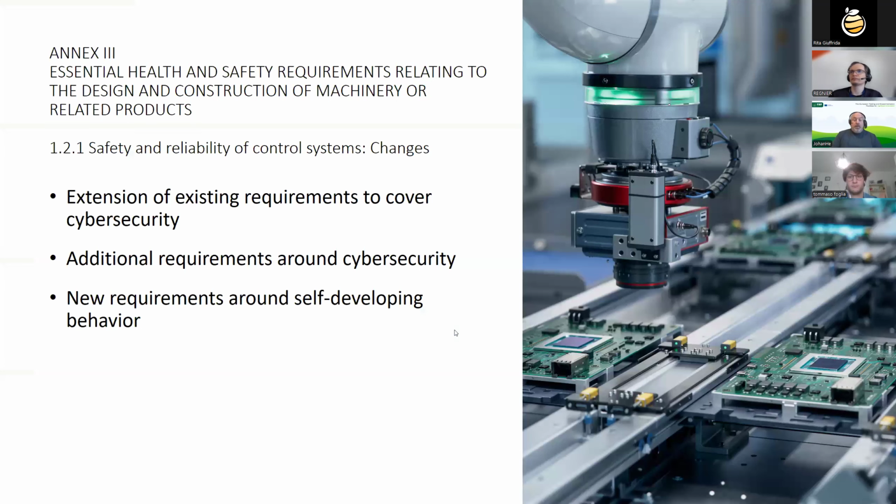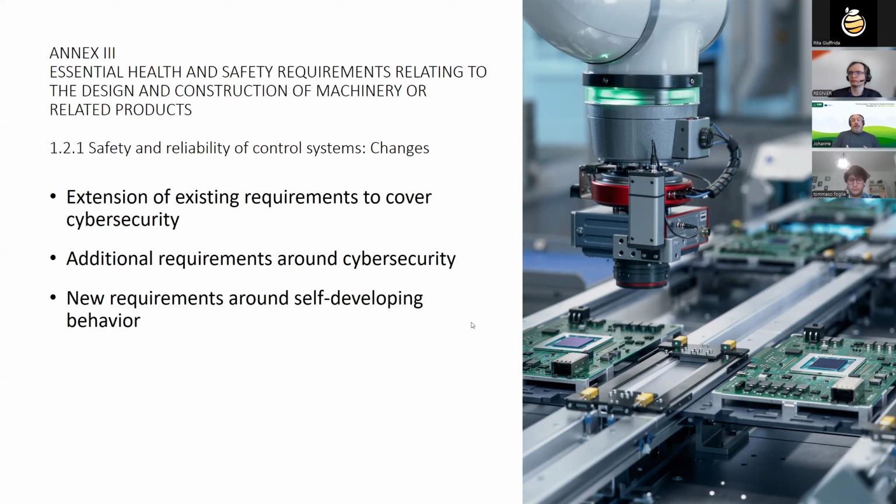Then this is a short description of the changes in a very important requirement in the machinery regulation, and it's called the same also in the old machinery directive. It's in Annex 3, chapter 1.2.1. It's called Safety and Reliability of Control Systems.